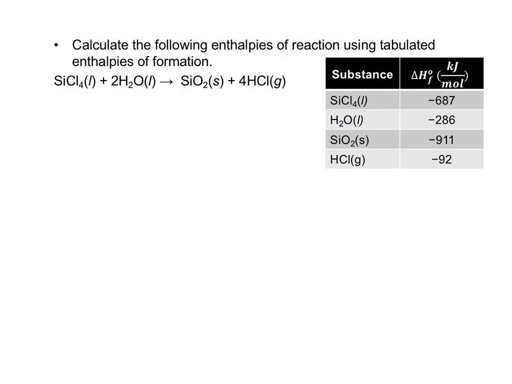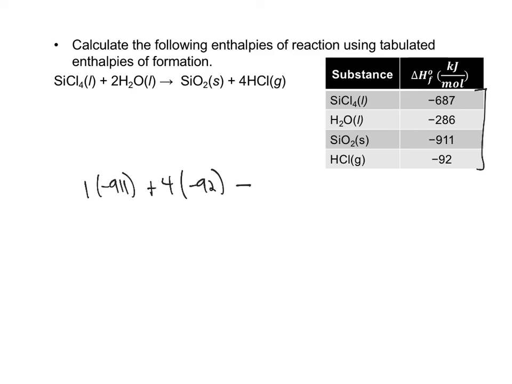All right, so here's some more space for us to work. And so I've collected the enthalpies that we're interested in. And so again, I'll do products minus reactants. So I'll do the SiO2. So that's going to be 1 mole of that times negative 911. And I have 4 moles of HCl. So it'll be 4 times negative 92.